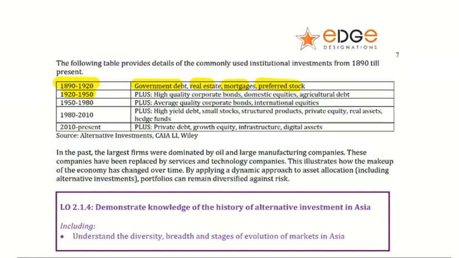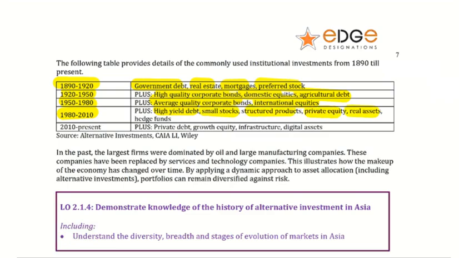High quality corporate bonds, domestic equities, agricultural debt. 1950 to 1980, we started to introduce average quality, not just high quality, corporate bonds and global or international equities.